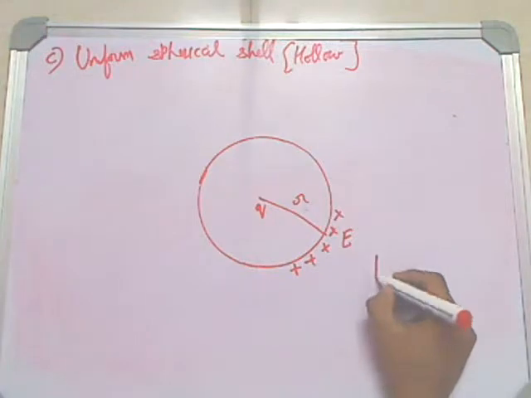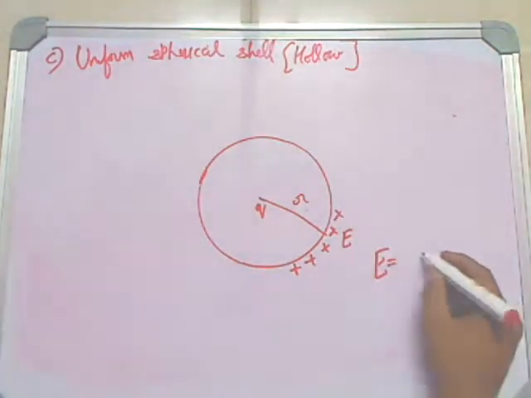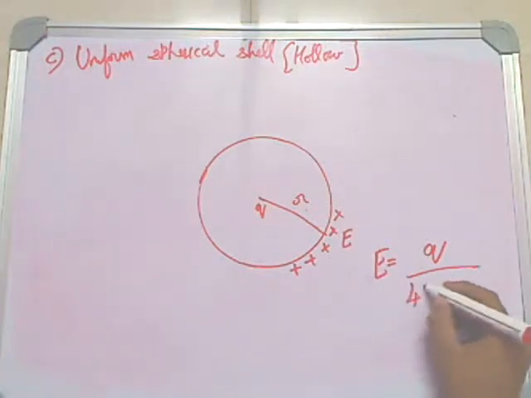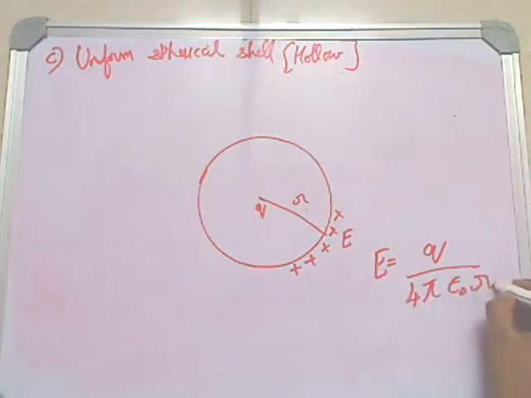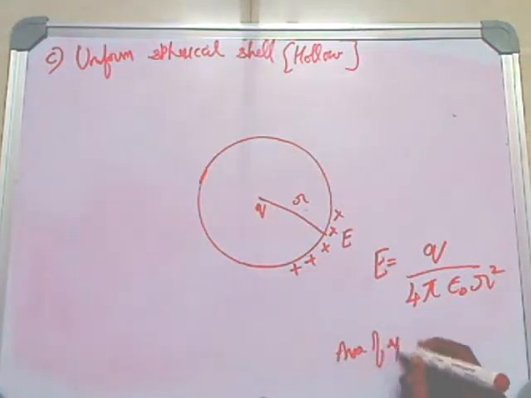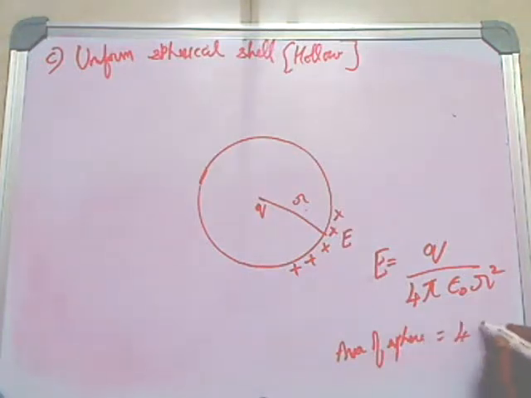Here E equals Q by 4 pi permittivity of free space R. This is nothing but the area of a sphere, which is actually 4 pi r square. And the same logic is what we've used here.